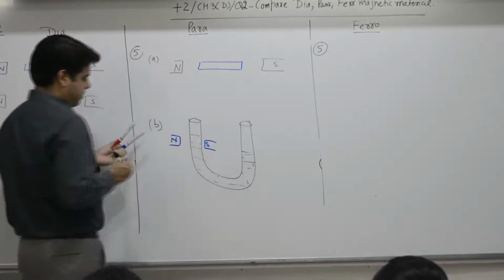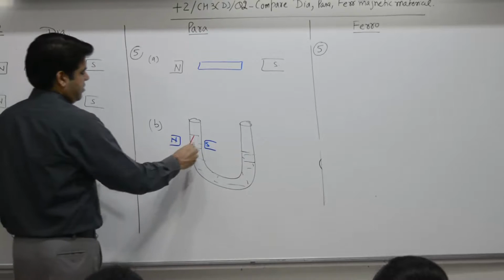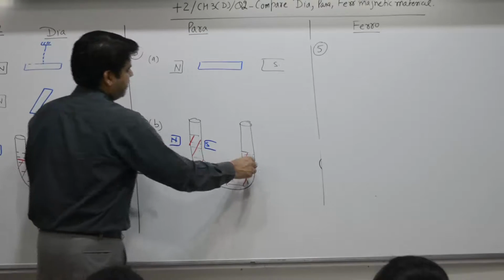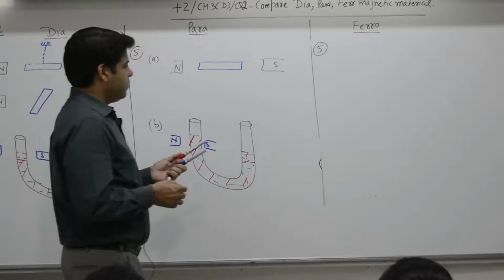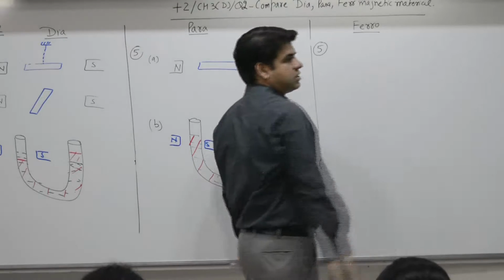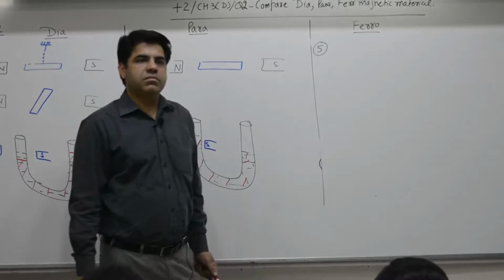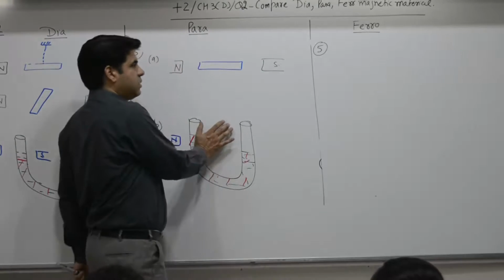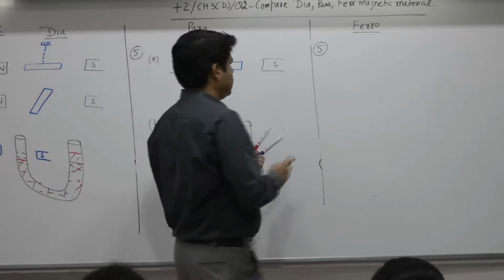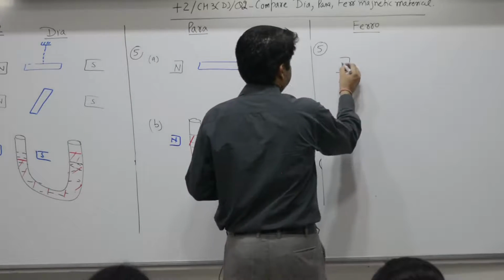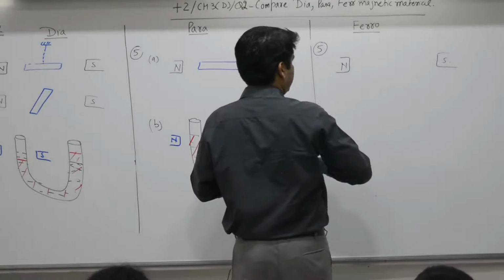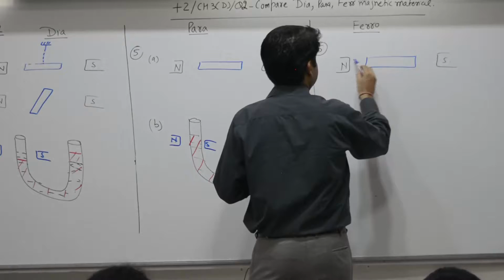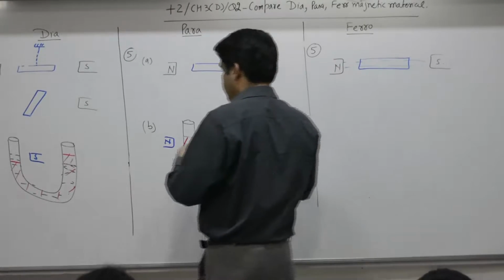After some time, the liquid on this side will move up. Third, ferro, generally available in solid form, so you won't perform this experiment. But if you did, the result is the same: it will have a strong tendency to align itself along the direction of the magnetic field.